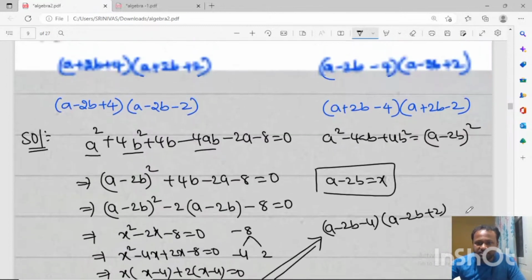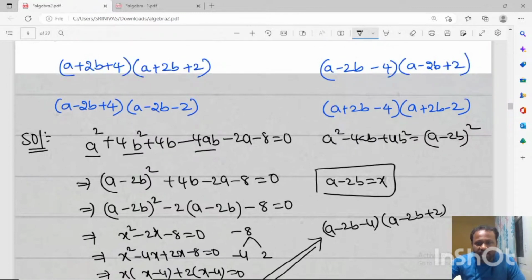Among four options, a minus 2b minus 4, a minus 2b plus 2. Who is saying Jyoti? A minus 2b whole square? Yes, that is correct.